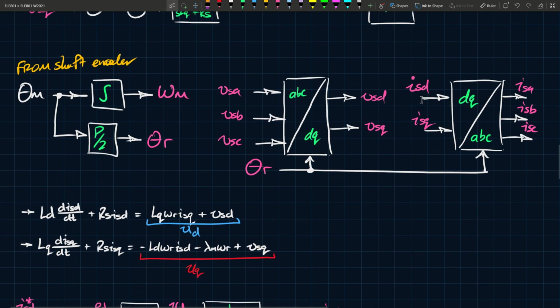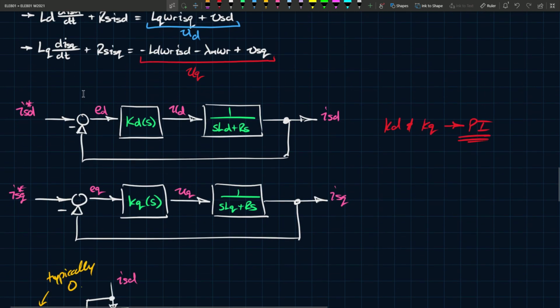We looked at some additional blocks like the shaft encoders, the DQ transformations, and all that. Then, based on the equations, we looked at what the control loops should look like. In the case where LD and LQ are the same, you can use the same KD and KQ compensators, since these functions end up being the exact same.